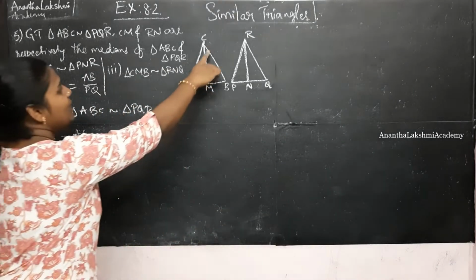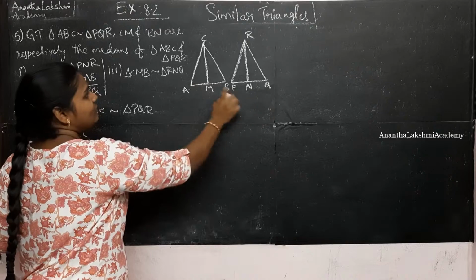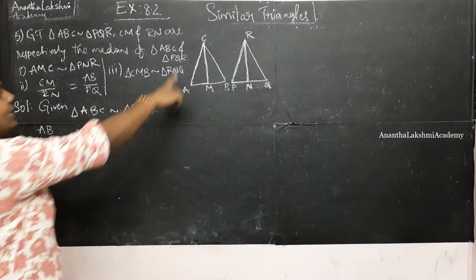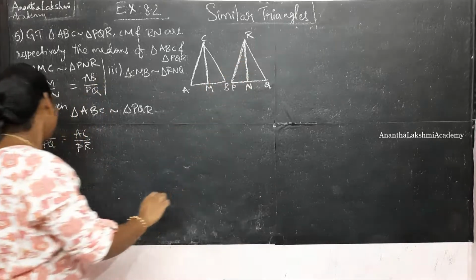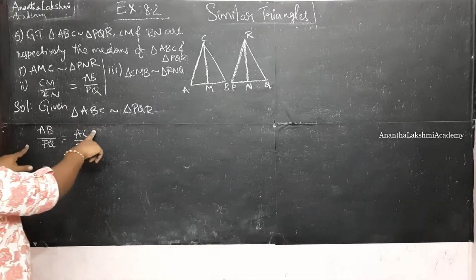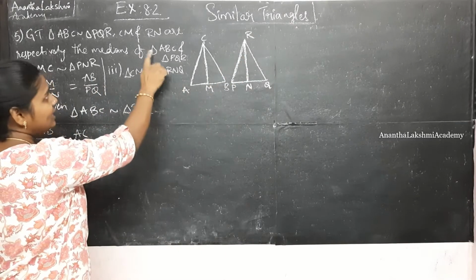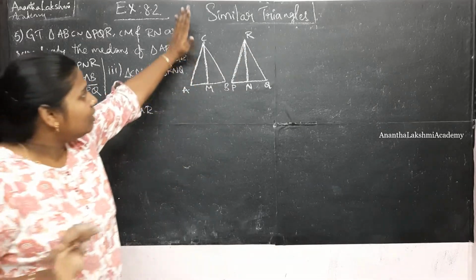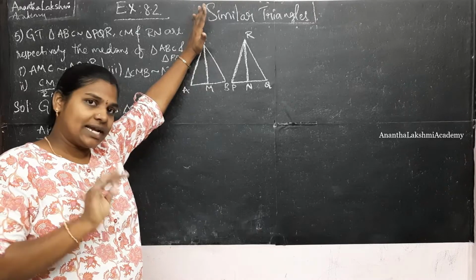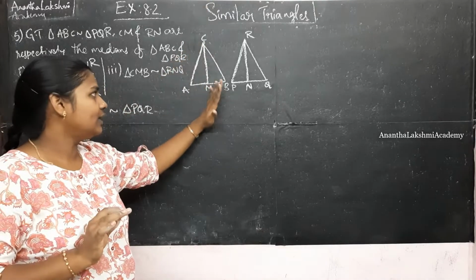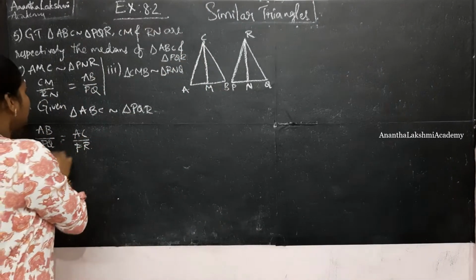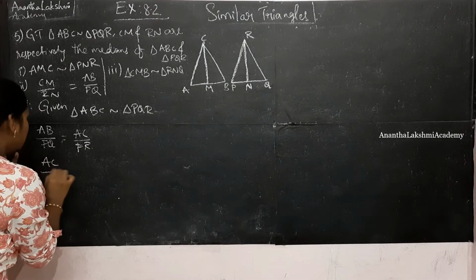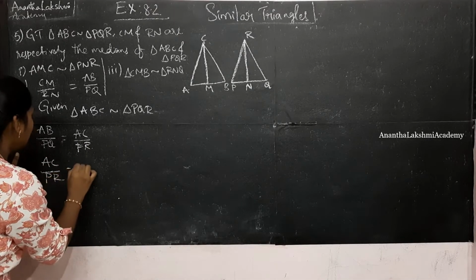So AB by PQ is equal to AC by PR, we got. Now they are asking us to prove AMC is similar to PNR. It is already given that CM and RN are medians. I told you medians are the lines drawn from the vertex to the midpoint. So here I am going to write this, twisting it around, as AC by PR is equal to AB by PQ.